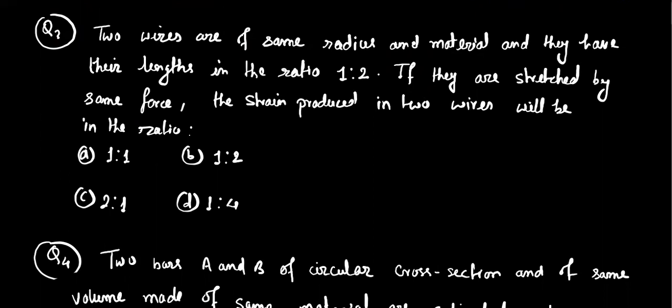First of all, we have to understand this wording very well. Same radius and material means, or simply same material means, both wires have the same Young's modulus. I am going to suppose the Young's modulus of the first wire as y1 and the Young's modulus of the second wire as y2.